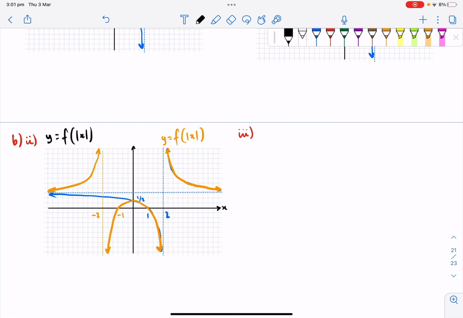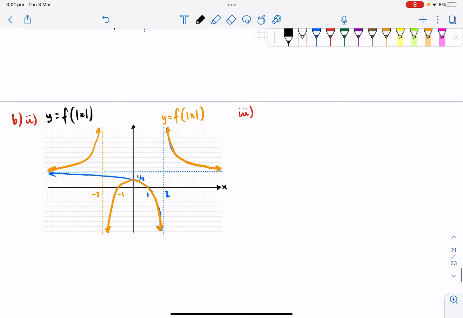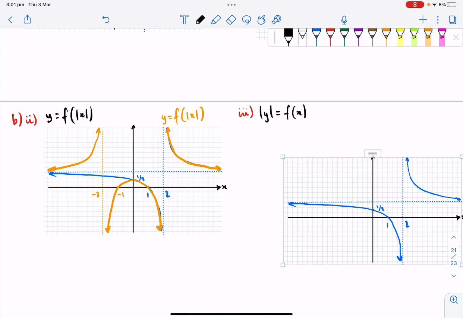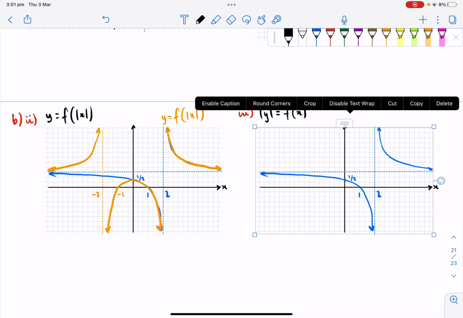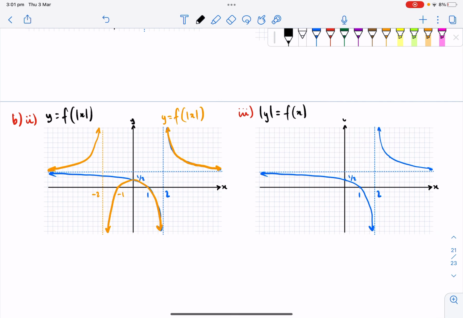All right, so in this example, we're looking at the absolute value of y equals f(x). Okay. So the absolute value of y equals f(x) tells us to keep everything that's above the x-axis. So we keep everything that's above the x-axis.